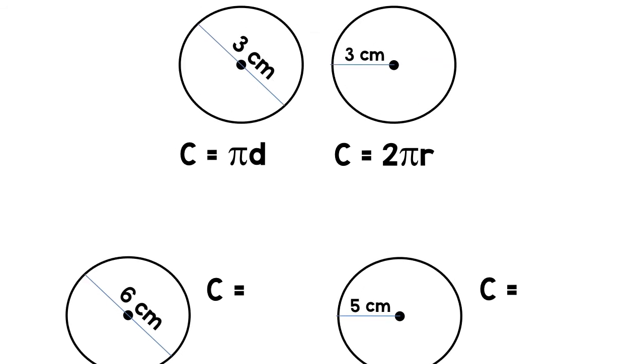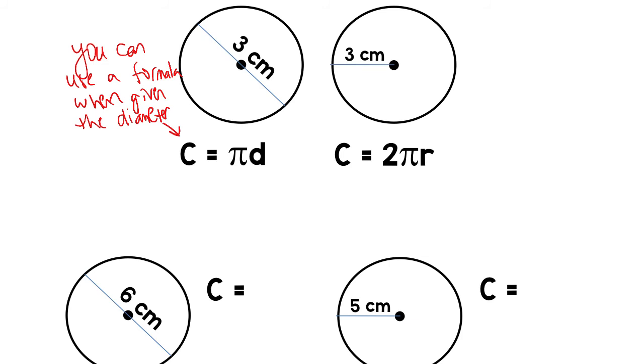All right, looking at circumference. So we've got some equations for circumference. We have C equals pi d. You can use this formula when given the diameter.